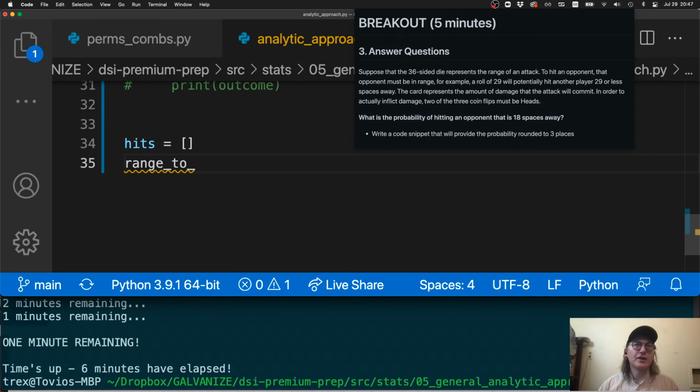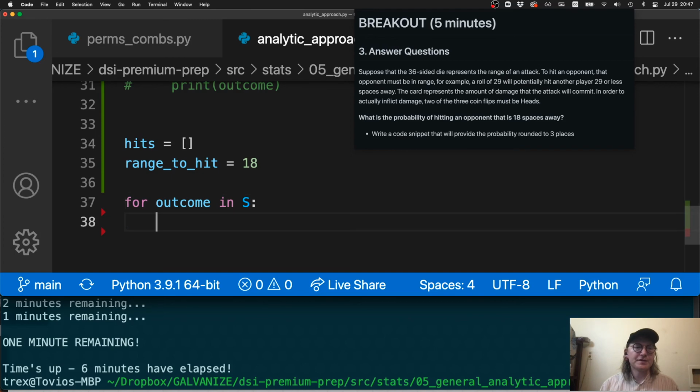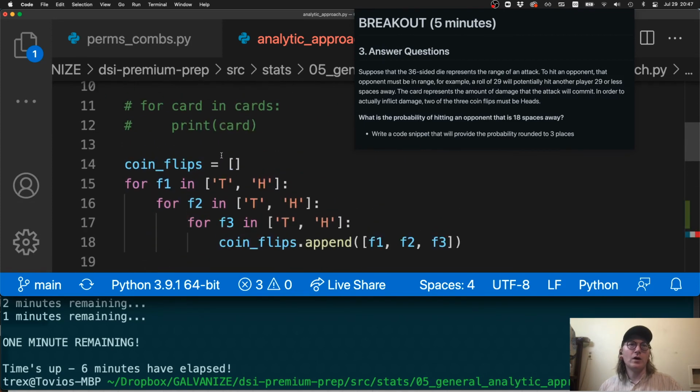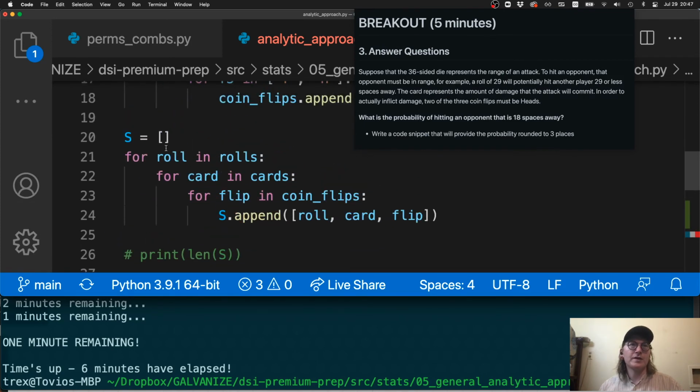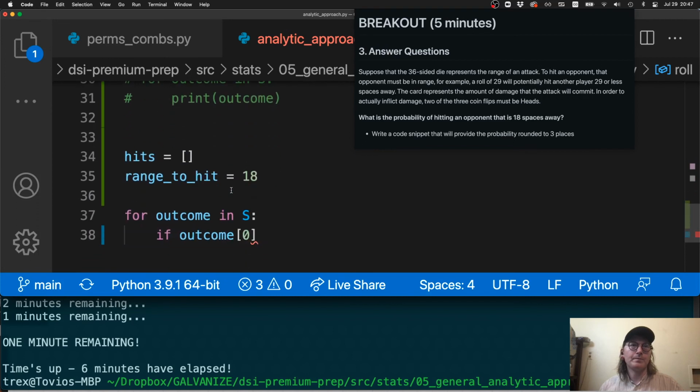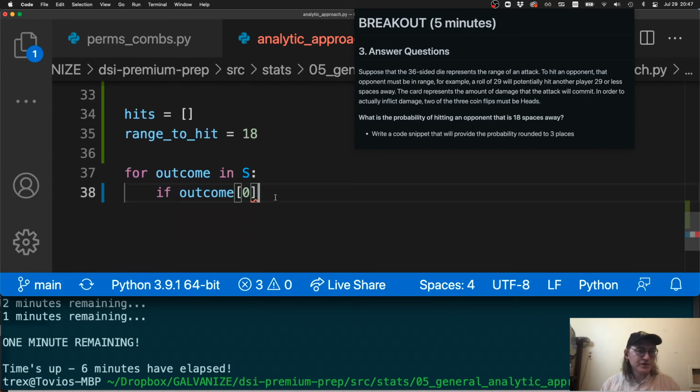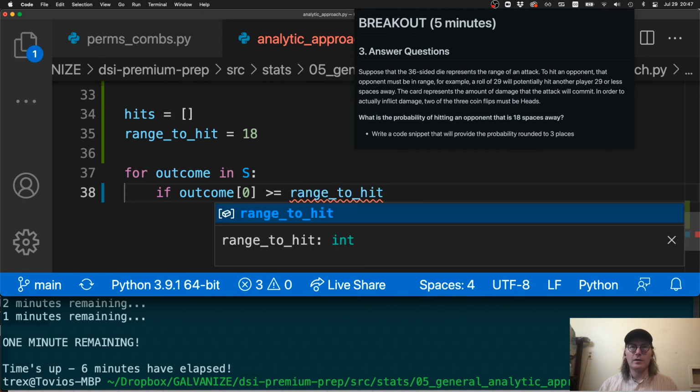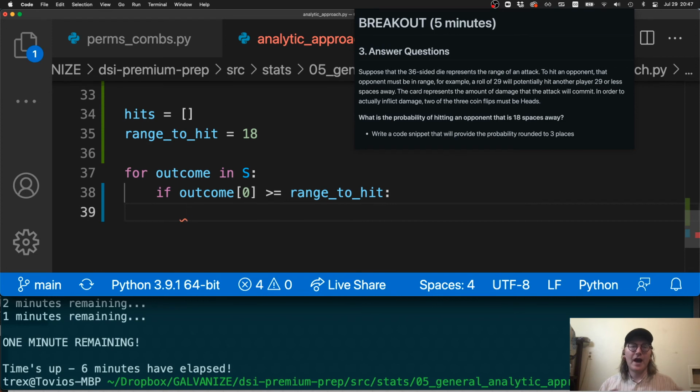So I'll say range to hit, and we need to roll an 18 or greater. I can say for each outcome in S, if outcome sub 0, well, it turns out that outcome sub 0 is our roll. So if outcome sub 0 is greater than or equal to the range to hit, then there's a potential that this is going to work.